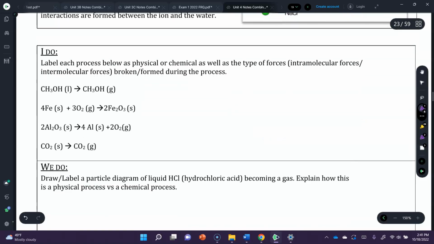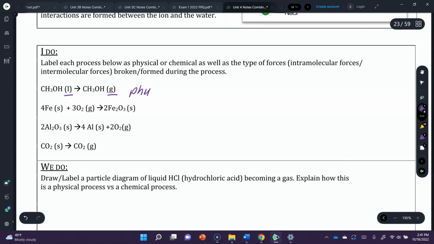Okay, so now we're going to look at some different reactions and determine if it is a physical or a chemical process, and then look at the types of forces, intra or intermolecular, that are broken and formed during the process. So when we look at this one, we see we have methanol, CH3OH, and it's going from a liquid to a gas. That process sees a physical change in state of matter.